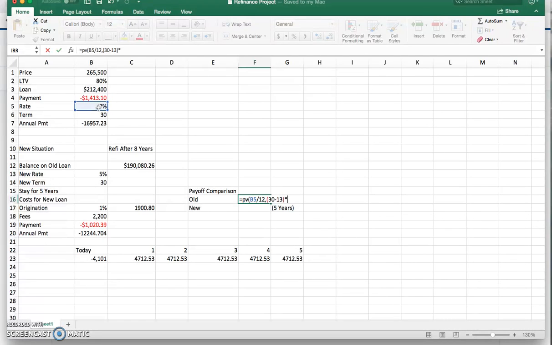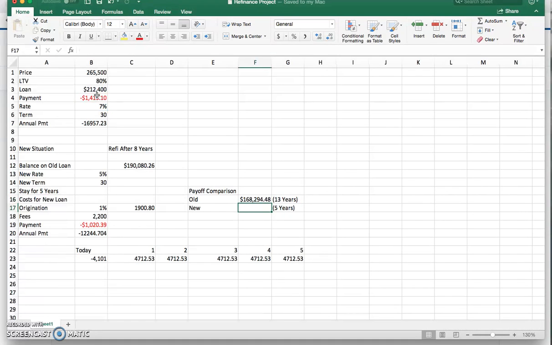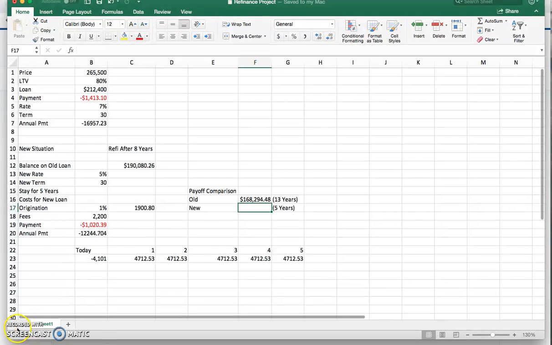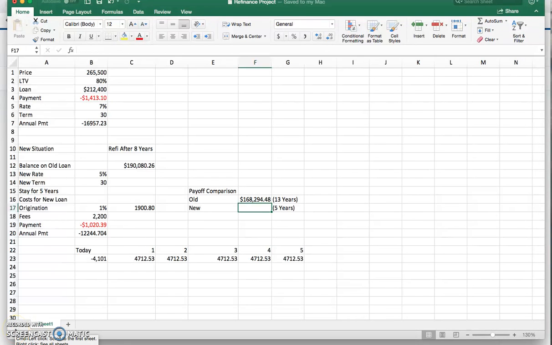Close the parentheses, multiply that by the number of payments as well. And then lastly, take that old payment of $1,413.10. That's going to be your payment over the 13 years for the old loan.